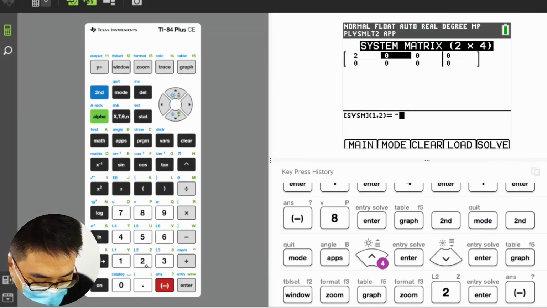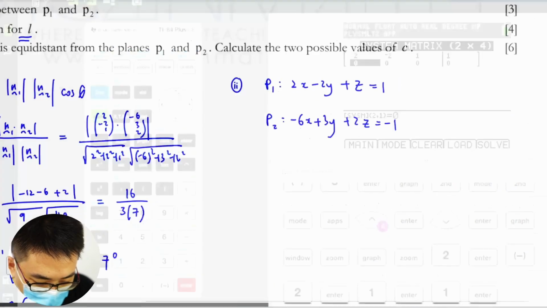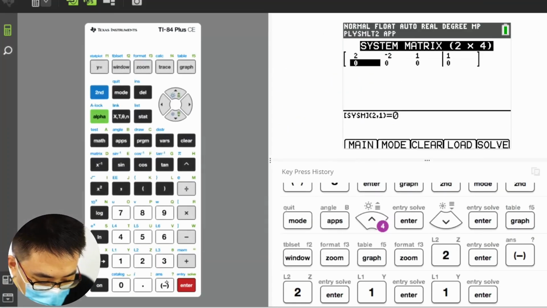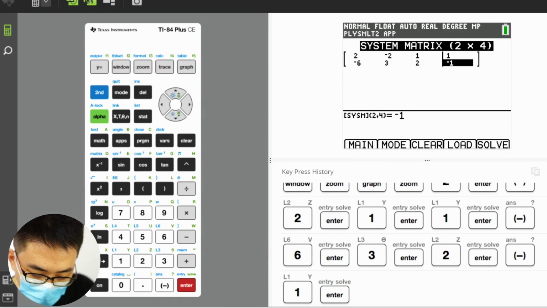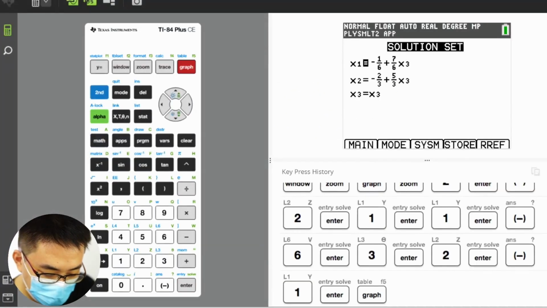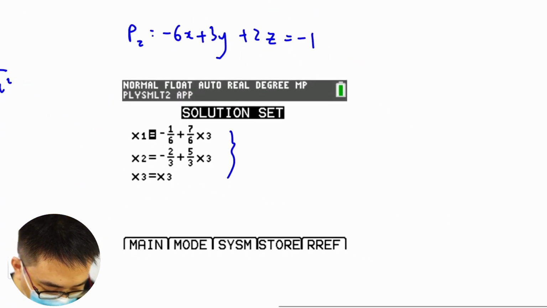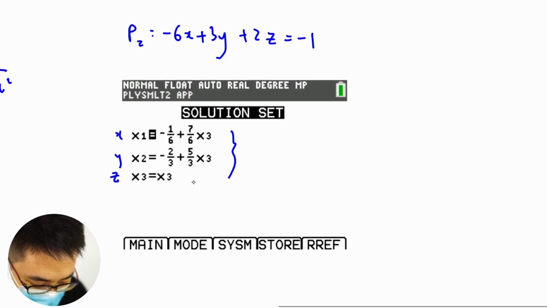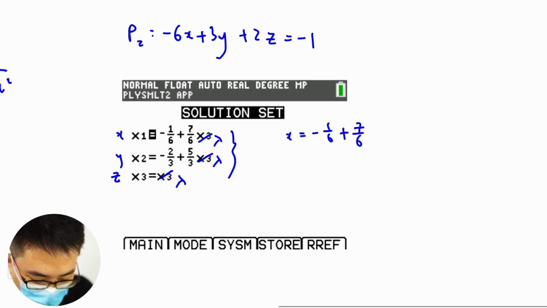Enter 2, -2, 1, 1, then -6, 3, 2, -1. Solve it. There you go. Using the GC, remember the one on the left is x, y, z, and all of these on the right are lambda.